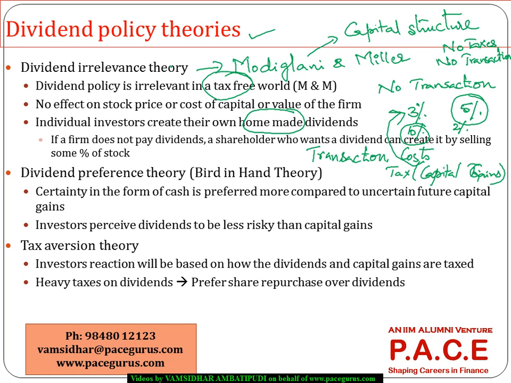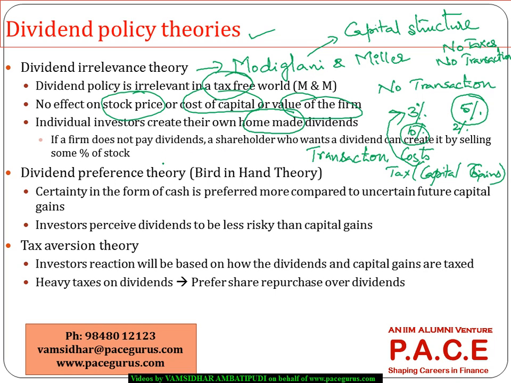Because of that, there is no change in cost of capital, no change in the stock price, and no change in the value of the firm. So there is complete, utter irrelevance coming out of the dividend policy of the company.